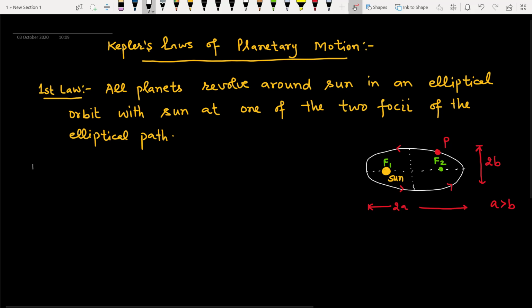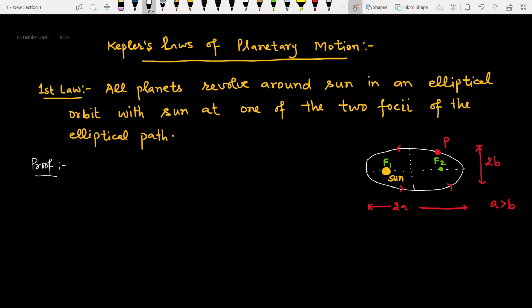So now we will prove it. In lower classes we have only laws, no proper proof for the elliptical orbit, but here we can prove it because we have done a lot regarding the motion of an object in an inverse square field in the previous lectures.